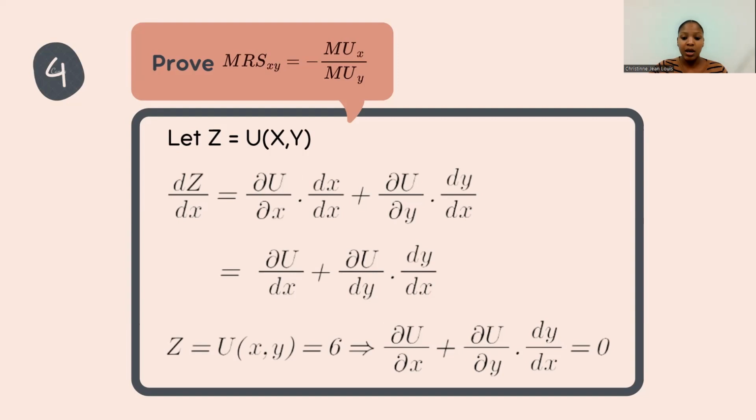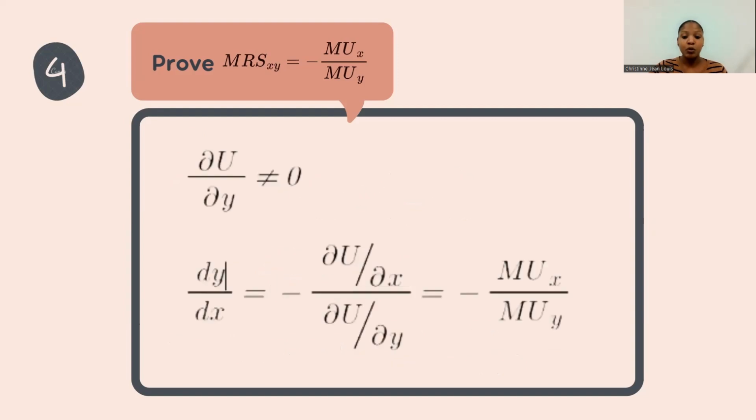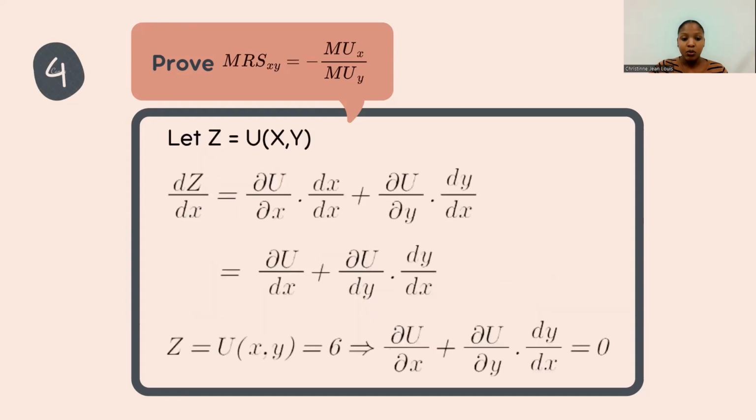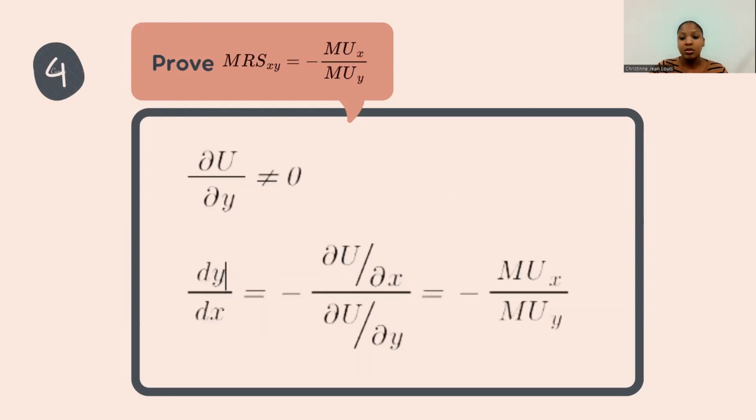Let's consider that the partial derivative of U over the partial derivative of Y is different from 0. Then dy over dx will equal the negative of the partial derivative of U over the partial derivative of X, which is MUX, over the partial derivative of U over the partial derivative of Y, which is MUY. So basically, this equals the marginal rate of substitution that we just mentioned earlier.